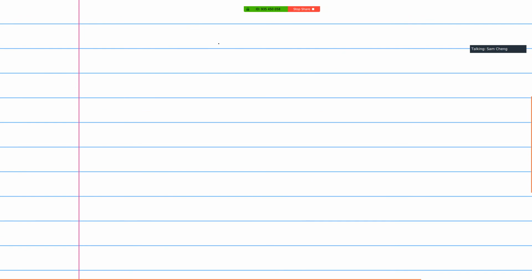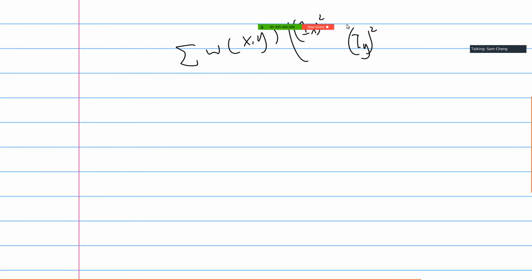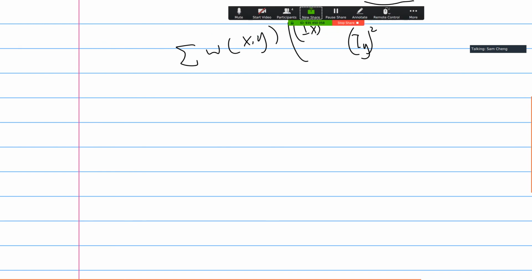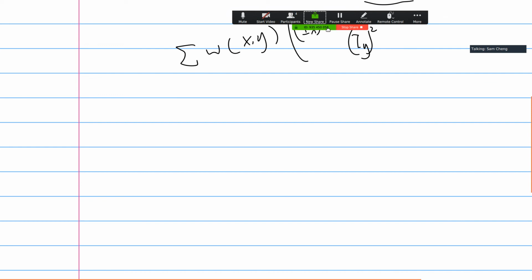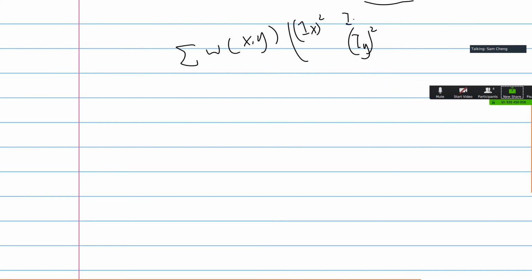We have the M matrix, something like a summation of W(x,y) times Ix squared, Iy squared, and then IxIy and IxIy.